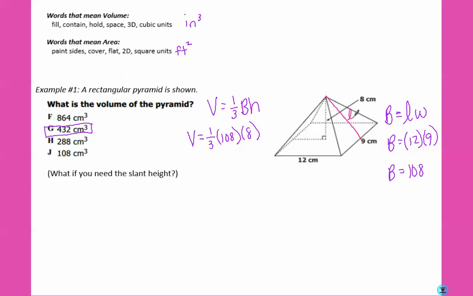That would be the lateral area. And then here we form a right triangle. Now since this whole side is 12, that means this part of the triangle would be 6. It told us our height would be 8, and we'd have to do the Pythagorean theorem. So if you needed to, you would set that up. Typically, if they don't give you the slant height, you're going to need the Pythagorean theorem.